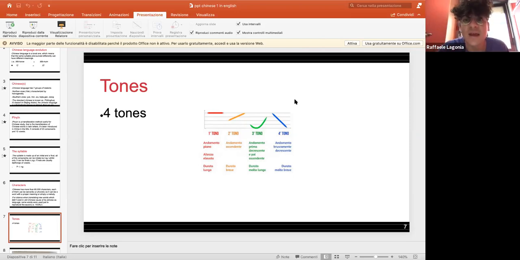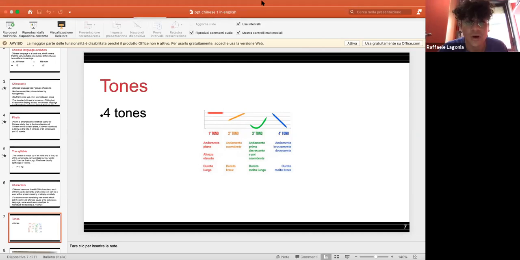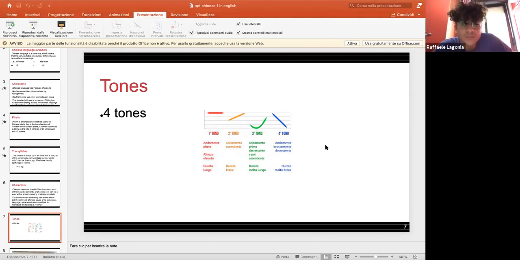Try to repeat it and tell me if you're able to, or if anything is not clear. Then we have the third tone, which is firstly going down, and then it's like questioning. So it's ma.